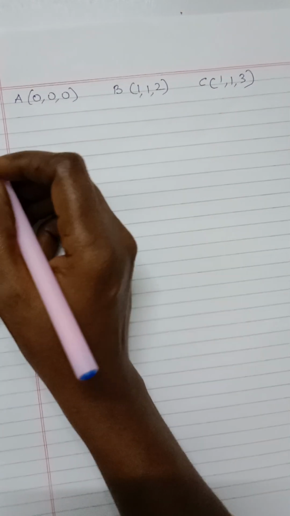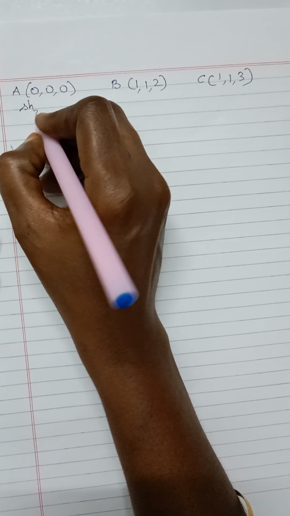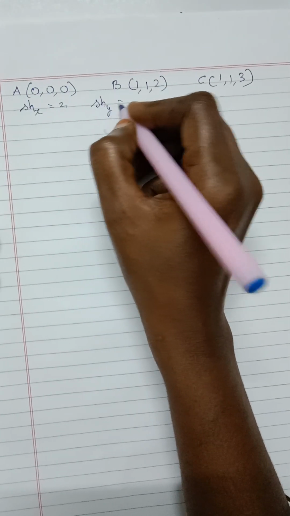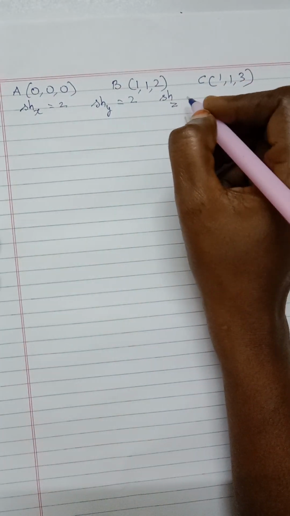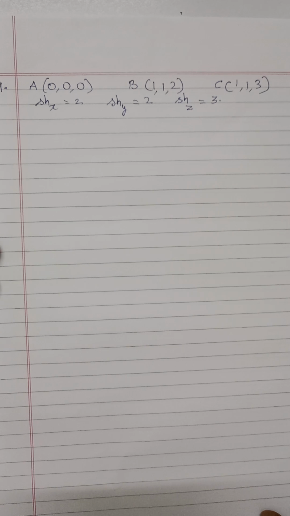Here we have to apply the shearing parameters: shearing parameter for x is 2, shearing parameter for y is 2, and shearing parameter for z is 3. We have to find the coordinates of the new object, that is, after shearing, what are the coordinates of the object.